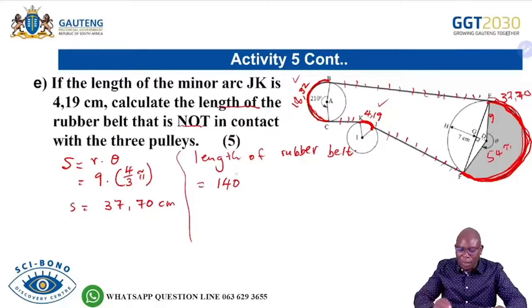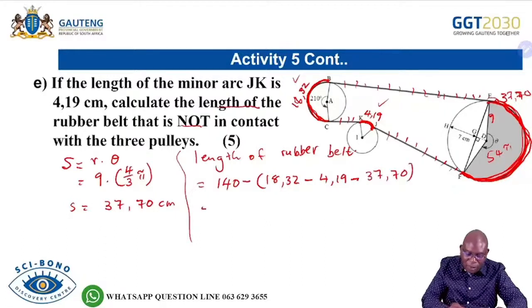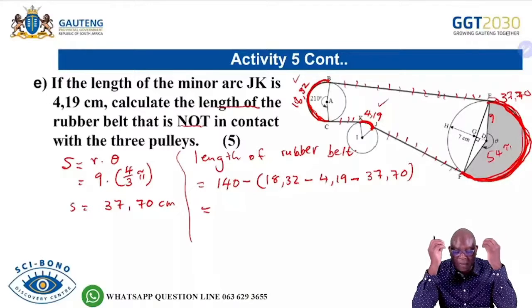So the whole length is 140, but I must subtract what? The one that is on the pulley, it's 18.32. The other one that was given that is on the pulley, it's 4.19. And the other one that is on the bigger pulley, which is 37.70. Okay. And then I'm going to be left with the length of the rubber that is not on the 3 pulleys.